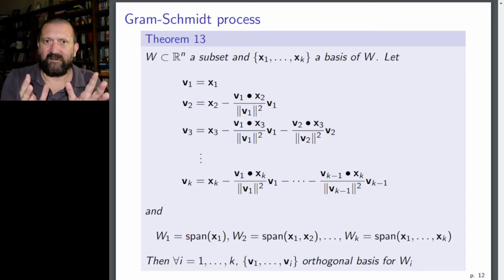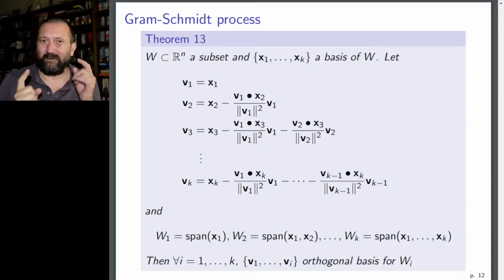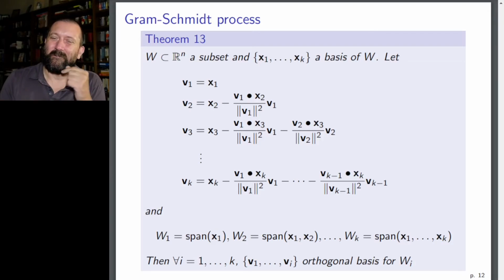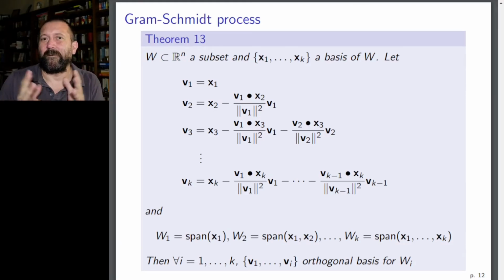Let me take a subspace W, and let me take a basis x1 to xk of this subspace. Recall, at the risk of repeating myself, that this means that x1 to xk spans W and is linearly independent. But there's no assumption on orthogonality.